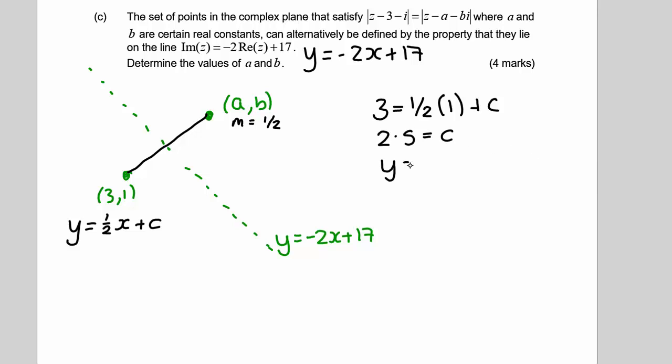So now I know my black equation is y equals 1/2x plus 5/2. Using that, I know that b equals 1/2a plus 5/2. I'm going to call that equation 1.